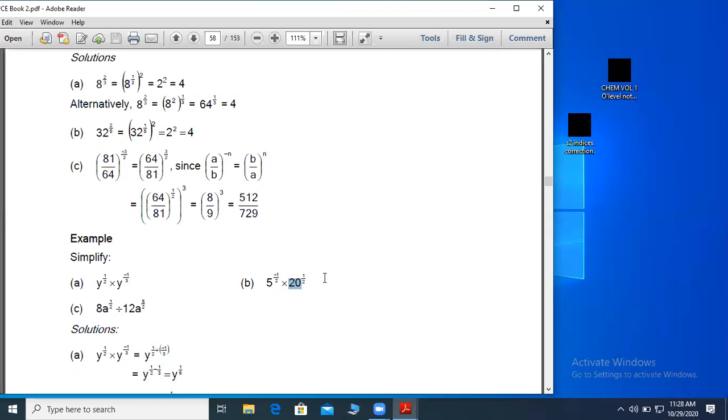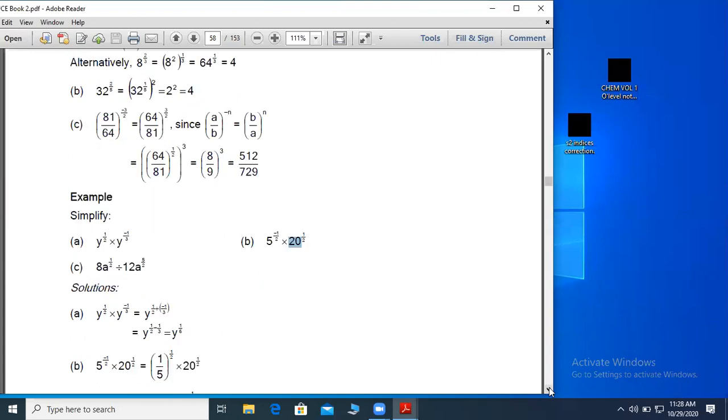I don't know if you are getting me. 5 to power negative a half, then you multiply, open bracket, 5 times 4, close the bracket, all of it to power a half. Now that one that you have put in bracket, let the a half come inside the bracket to be a power of everything. Now there is not only one method of doing indices.